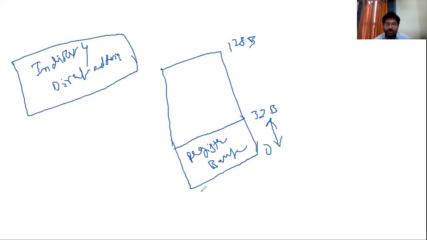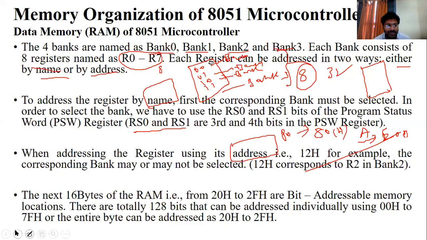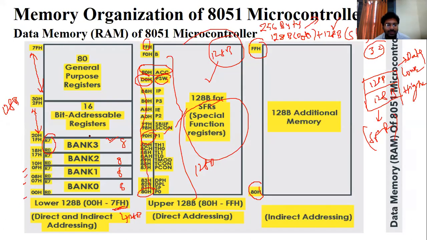Okay, so direct and indirect addressing, see this diagram again. This occupies 32 bytes.